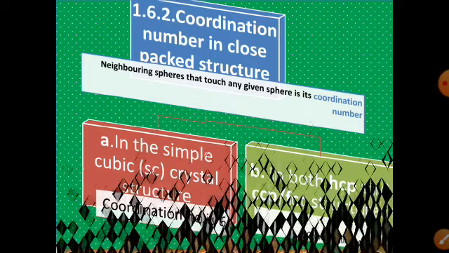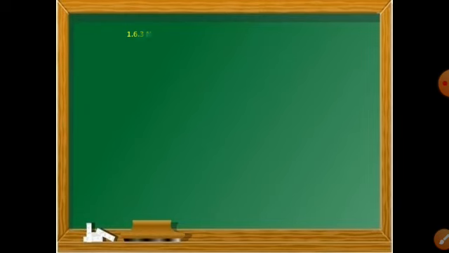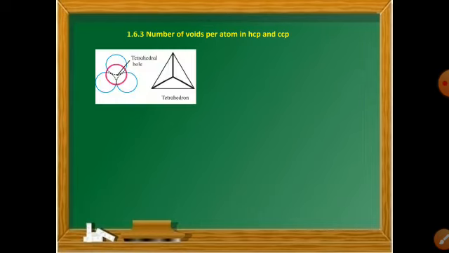Then the last part of this topic is the number of voids per atom in HCP and CCP. So I told you, suppose three spheres are present in a first layer and one sphere is present on the second layer, then in between those four spheres there is some space.